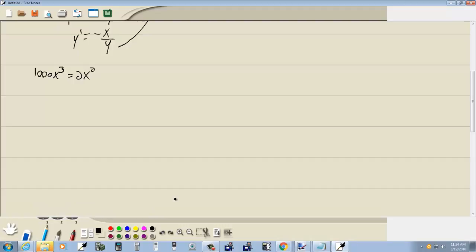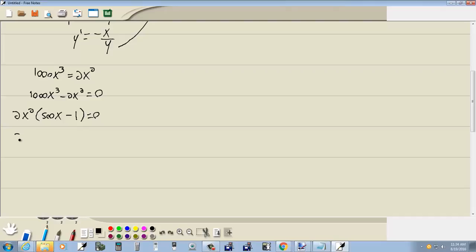Okay, I suppose you could use logs for this, but if I bring the 2x squared over, it becomes 1000x cubed minus 2x squared equals 0. Now we want to factor out the GCF. They both are divisible by 2, and they both have an x squared. So that's going to give us 2x squared times (500x minus 1) equals 0.